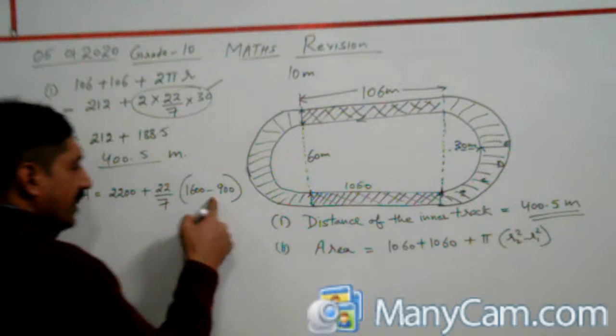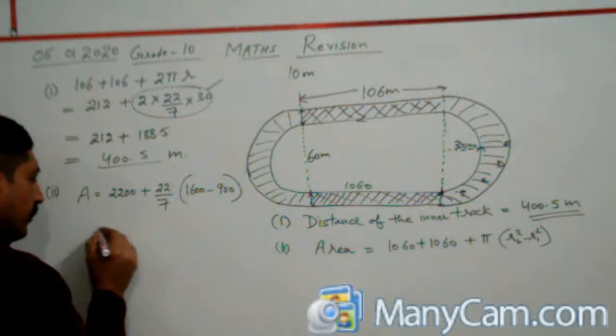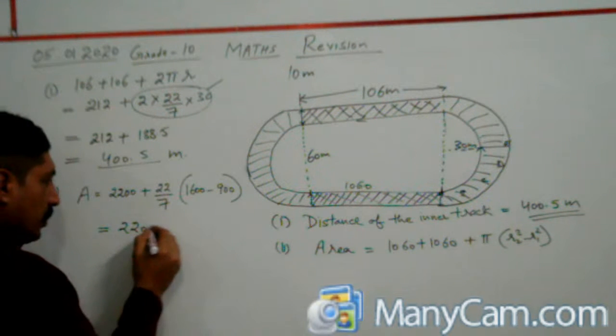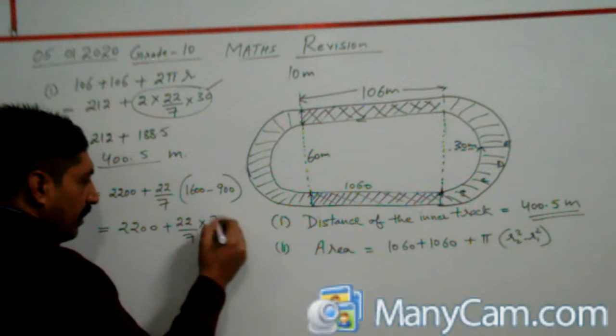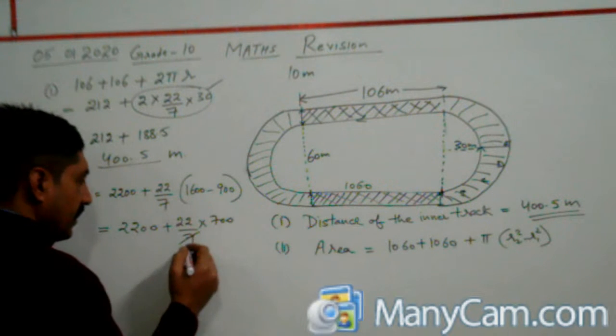So here we have 22/7 multiplied by 700, right?